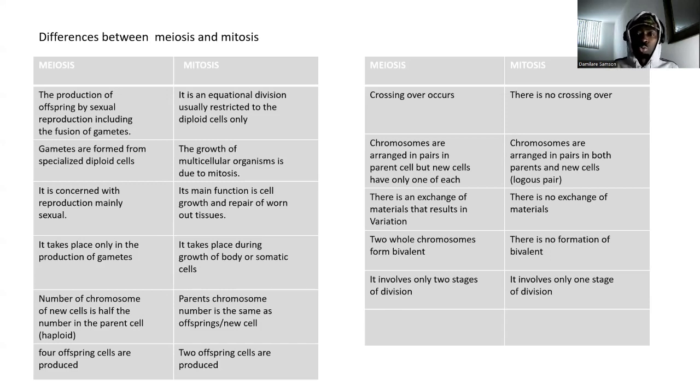Two homologous chromosomes form a bivalent or tetrad, if you remember that, we mentioned that. But there is no formation of bivalents under mitosis. Meiosis involves two stages of division, but under mitosis, it is just one stage.